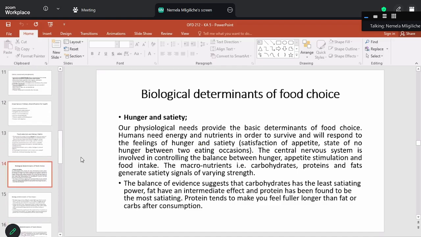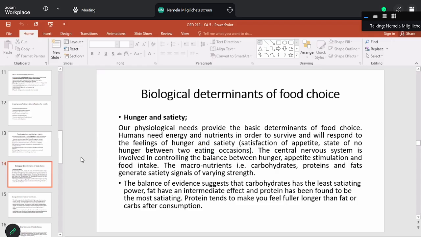When we look at biological determinants of food, we look at hunger and satiety. Physiological needs, we know that is the main and major factor of our food selection, because we need to eat in order to get the nutrients so that the body can grow. But sometimes we don't look much at our physiological needs.